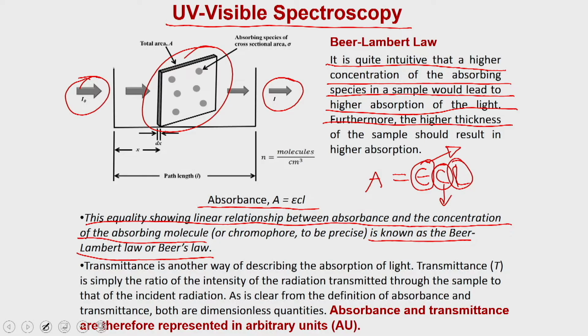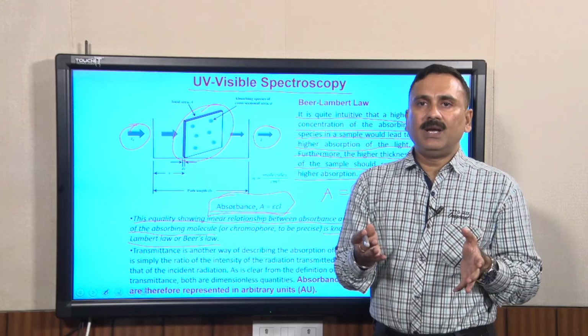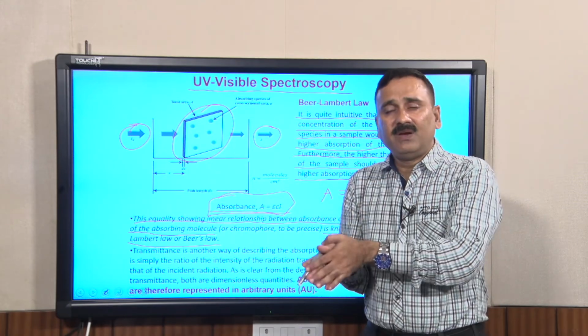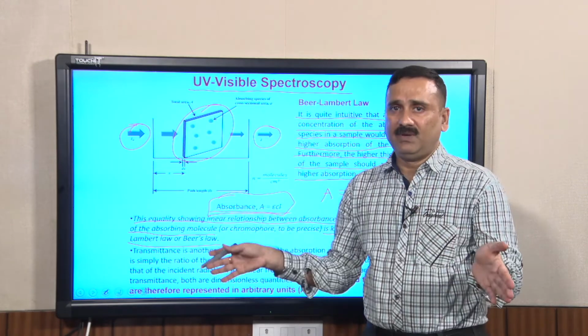Furthermore, a higher thickness of the sample should result in higher absorption. As a result, the absorbance is directly proportional to epsilon C L, and that can be used to calculate the absorbance of a particular sample at a given wavelength or in a range of wavelengths.